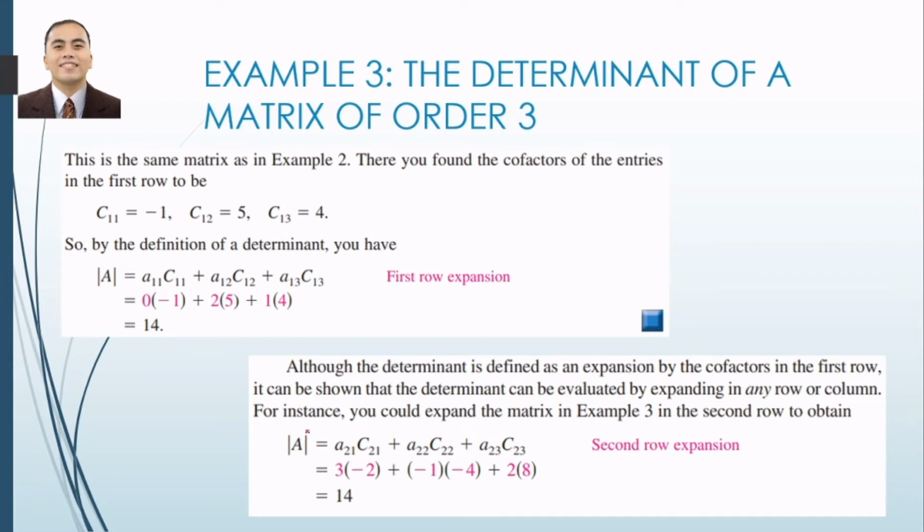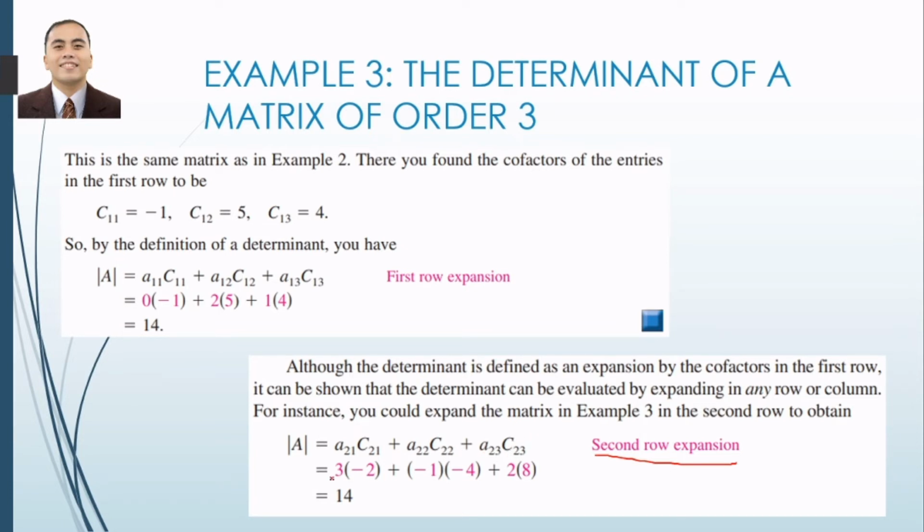For instance, you could expand this matrix in example 3 along the second row. So we have the determinant of A using the second row expansion: A sub 2,1 times C sub 2,1 plus A sub 2,2 times C sub 2,2 plus A sub 2,3 times C sub 2,3.